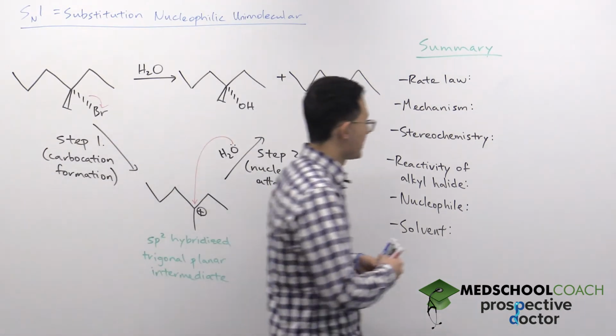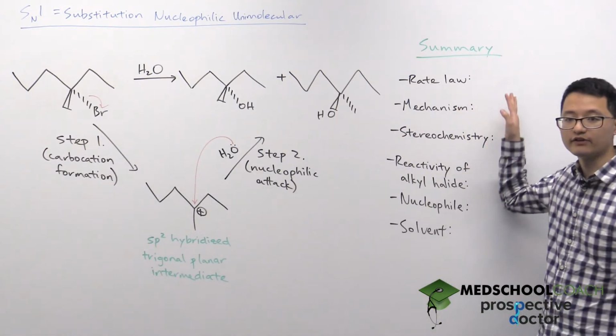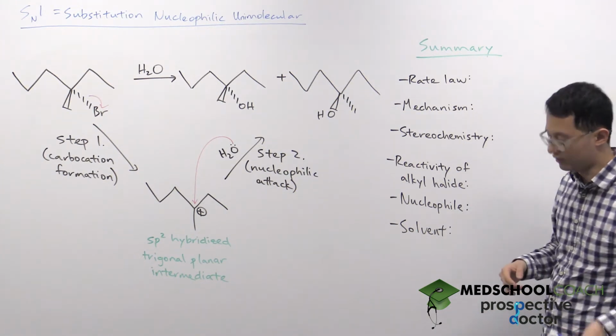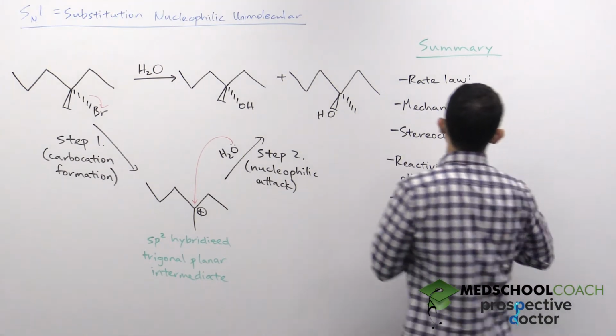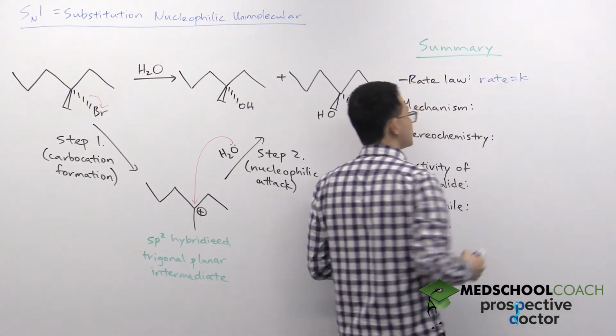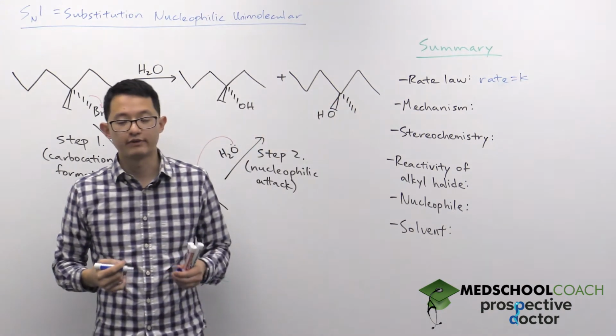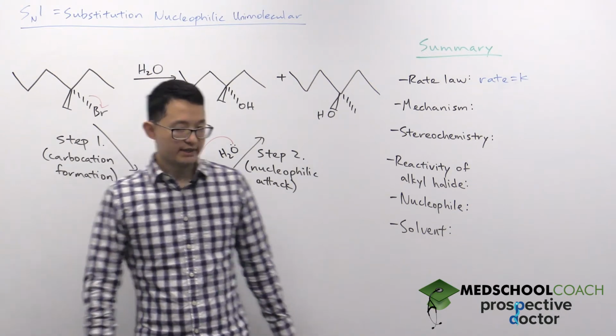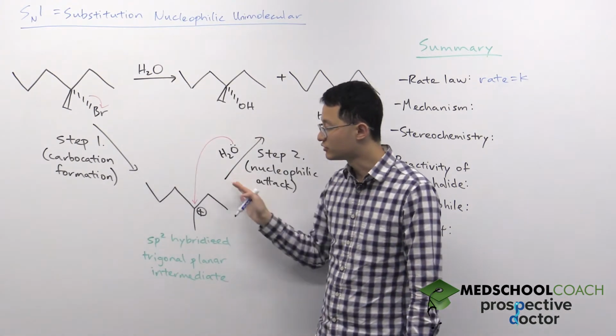All right, so as with SN2, let's now talk about a few of these key points, starting off with the rate law. The rate law is going to be the same. You're always going to have k, our rate constant, times the concentration of the reactants that affect the rate of this reaction. In this case, we have two steps.